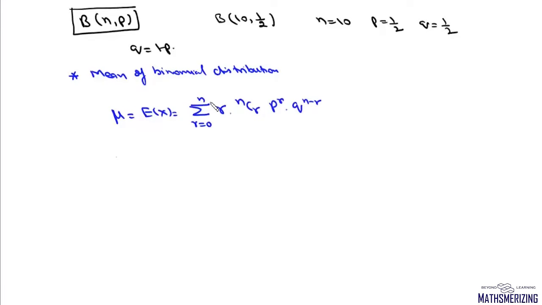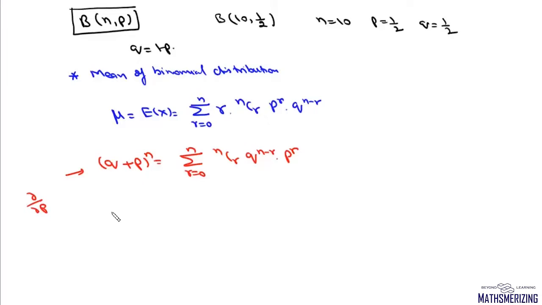Now we have to work this out. We know that the binomial expansion of q plus p to the power n is this summation, r varies from 0 to n, NCR q to the power of n minus r into p to the power r. Now what we'll do is we'll partially differentiate this function with respect to p.